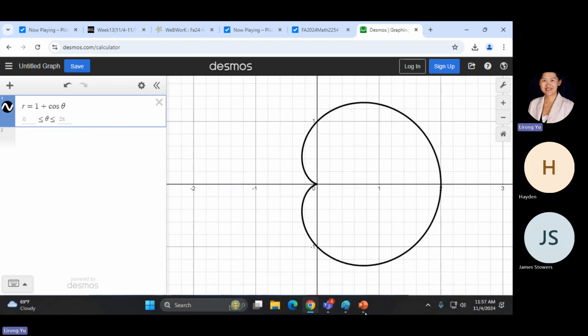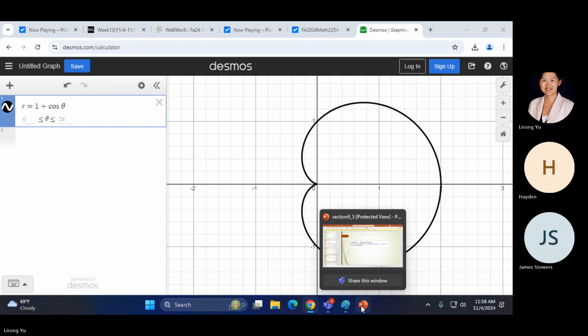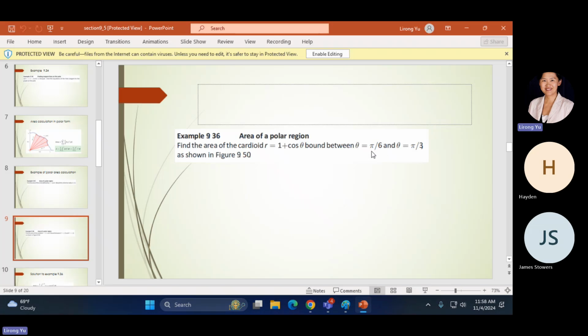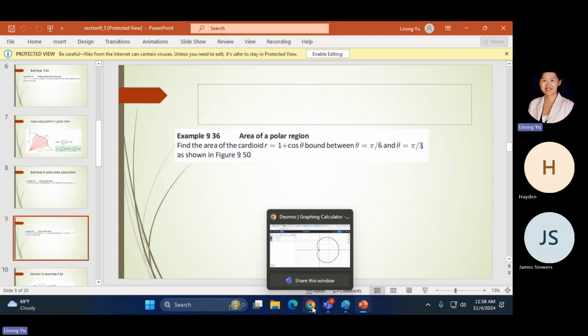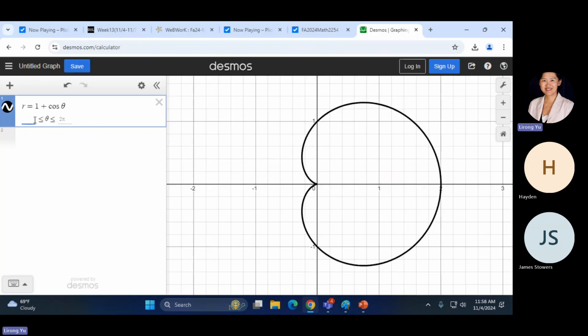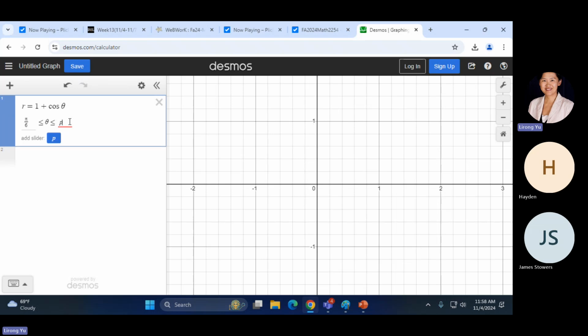That's a cardioid between pi over 6 and pi over 3.